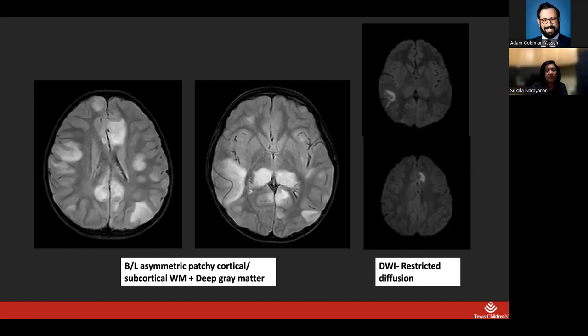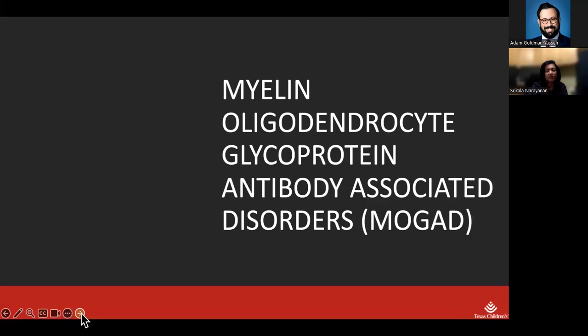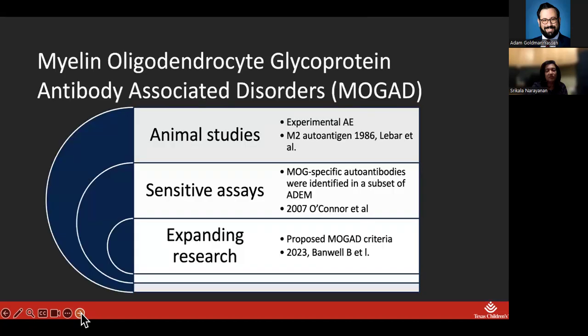Now the kid came back with a seizure, and at this time, MOG testing is available freely, and when tested, turned out to be positive for MOG. So this basically is MOGAD. That is a good case with which we can enter into our next segment, where we're going to do a little bit of a deep dive on MOG antibody-associated disorders.